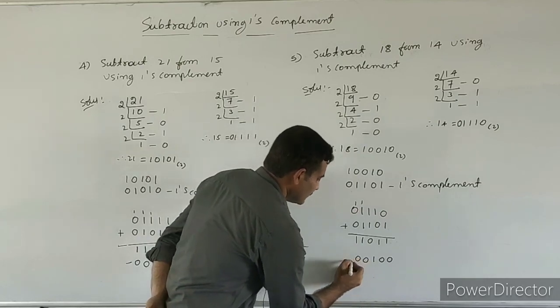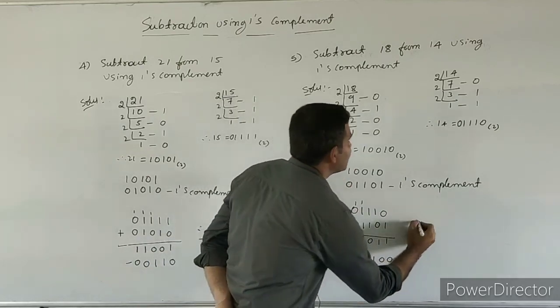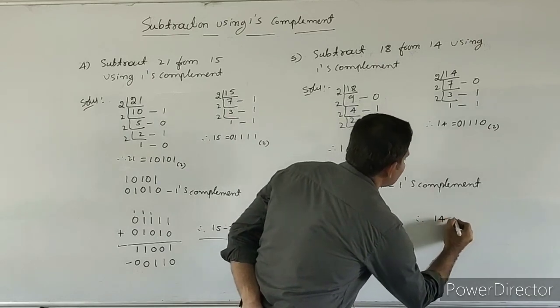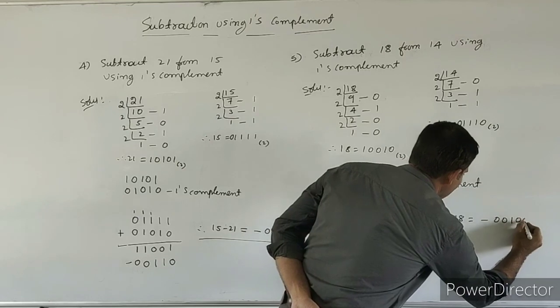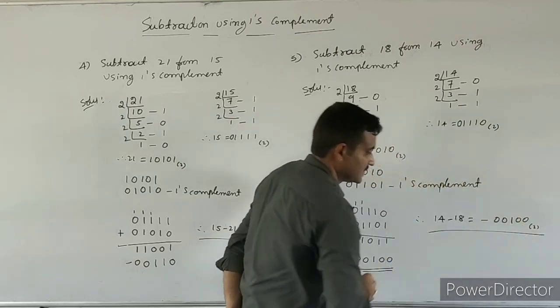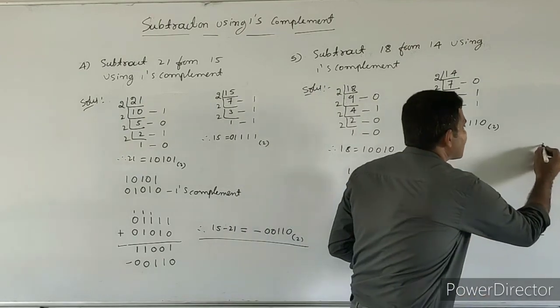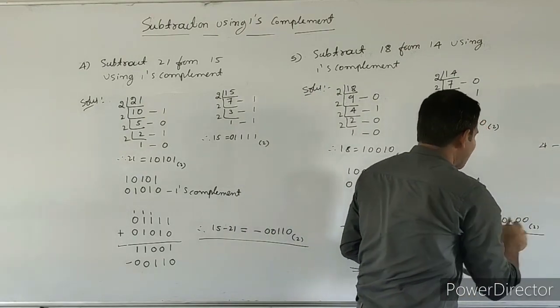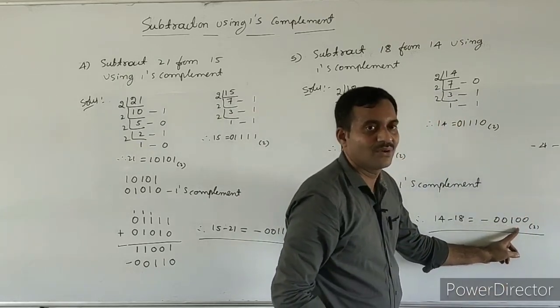Then add a negative sign in front of the more significant bit. That is, 14 minus 18 is equal to minus of 0 0 1 0 0 in binary. See, 18 minus 14 gives 4. 4 is represented as 1 0 0, but here it is minus 4, hence minus of 0 0 1 0 0.